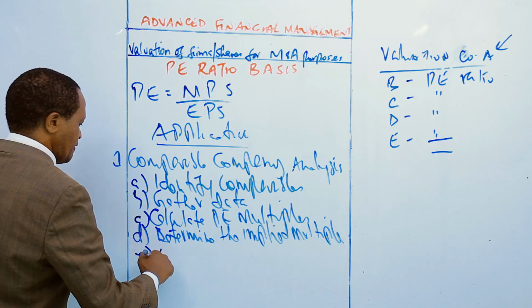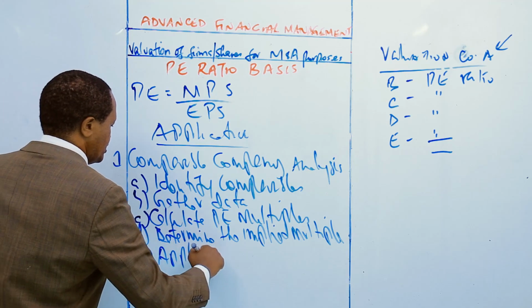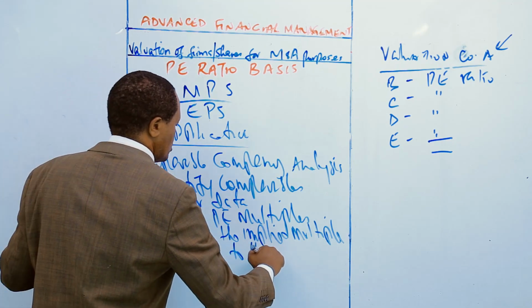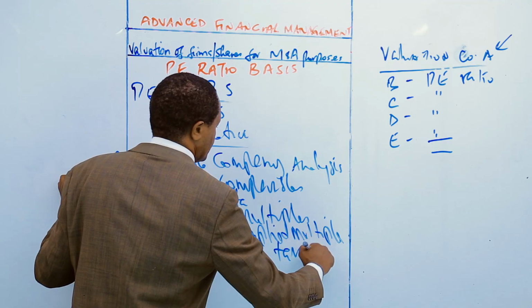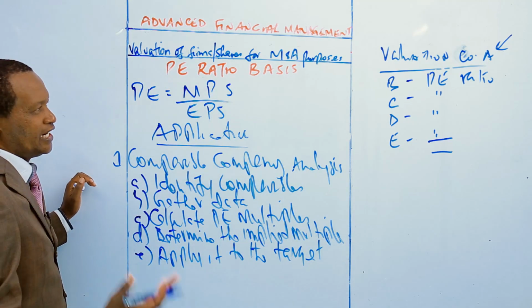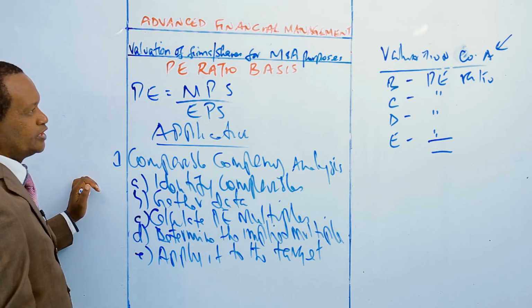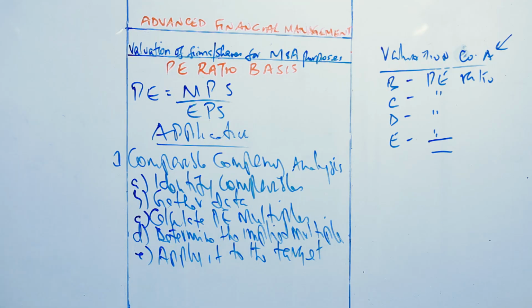Step number 5, apply it to the target. After calculating the average PE ratio, you apply that ratio to the target. Apply the chosen PE multiple to the target company's earnings to arrive at the estimated equity value. And how does that happen?